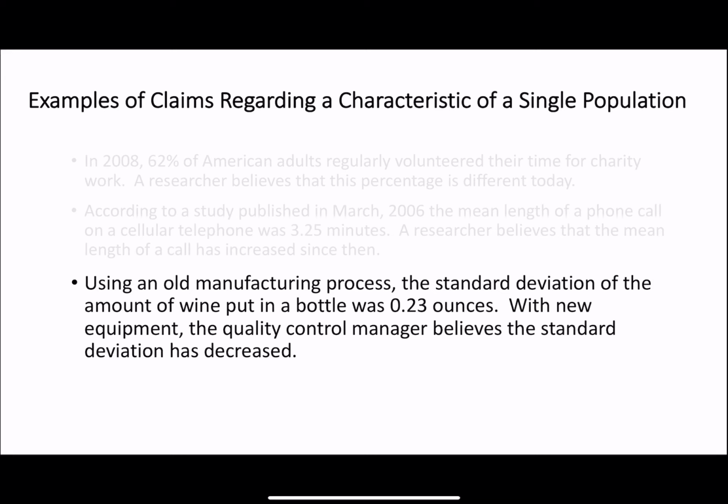This means that they believe now that all of the values are going to be closer to the mean, closer to the average amount of wine in a bottle, because now their equipment is better. So for whatever reason, you're making a claim that you think something is different now, and then you go about proving it later, and I'll show you how to do that in 10.2 and 10.3.